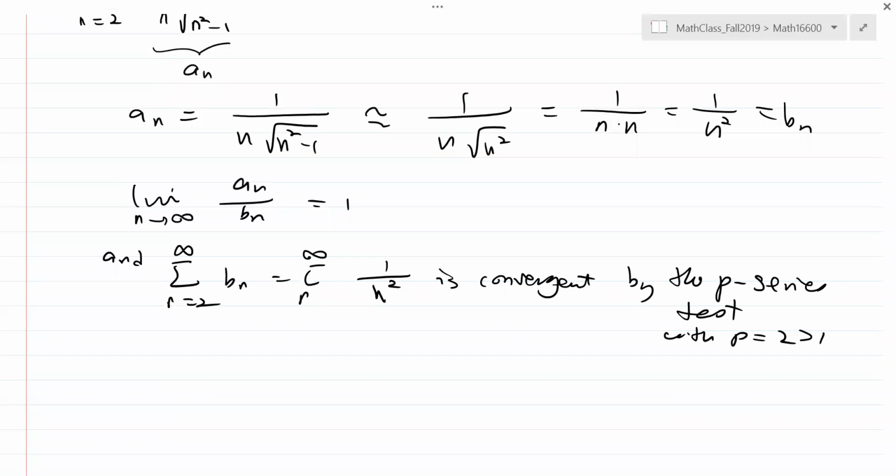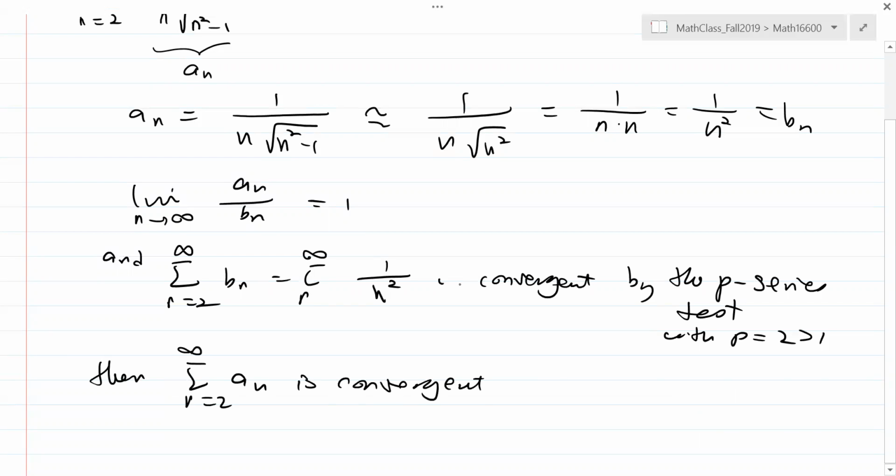We know that, but you have to quote it. Then you can say that this one is convergent, okay, by the limit comparison test. And this is the best way to solve the problem, the limit comparison test.